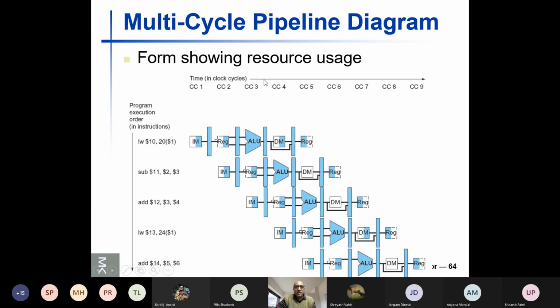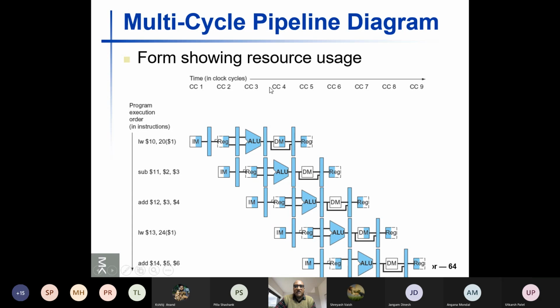This way of representation tells us actually in which cycle what is happening. Suppose you take clock cycle 4, for example: you can see how the resources are occupied, and which resources are occupied by which instructions.